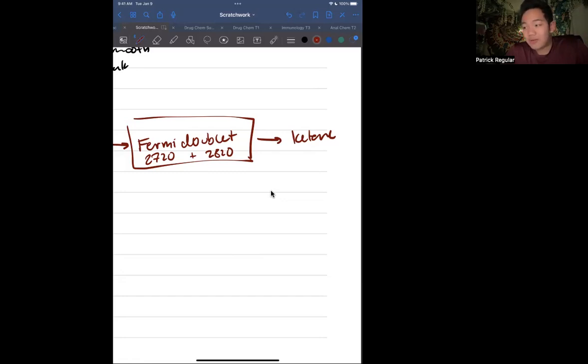Like for 2720, anything 2710, 2730, pretty much going to be acceptable. Same thing with 2820, 2800, 2830, whatever. It's going to be a pretty small range rather than like 100 wide.